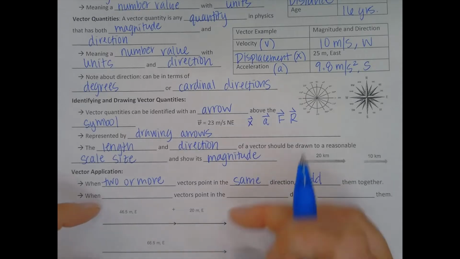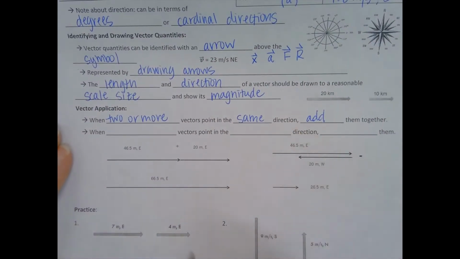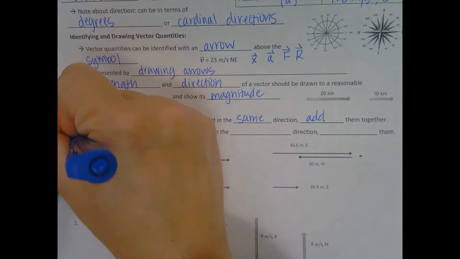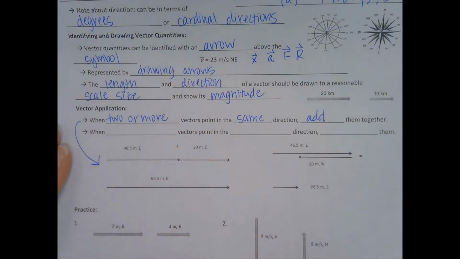So if I'm looking at this first example that you've got on the page, 46.5 meters east, and then I've got another vector heading 20 meters east. I can add these together to get my total for these two vectors because they're heading in the same direction. So I'm just going to draw an arrow from the first point to this picture so that way we know they go together. So if they head in the same direction, we can add them together.